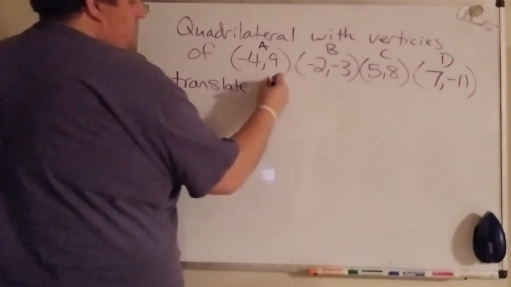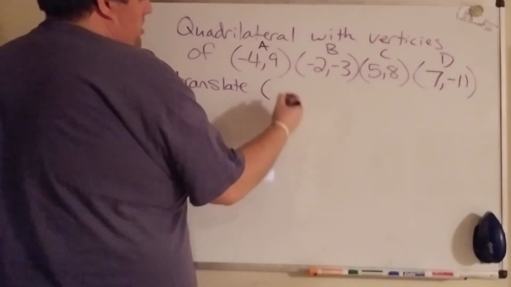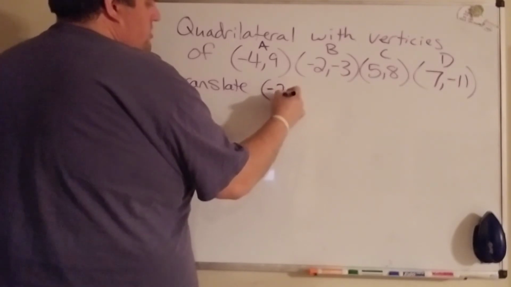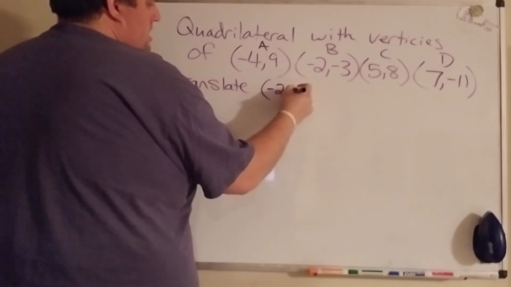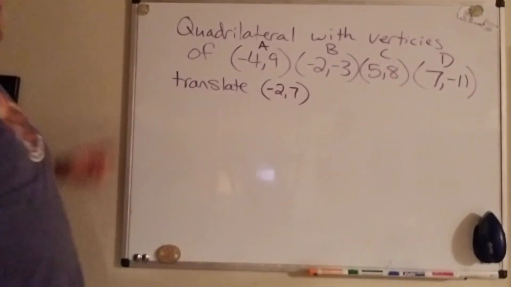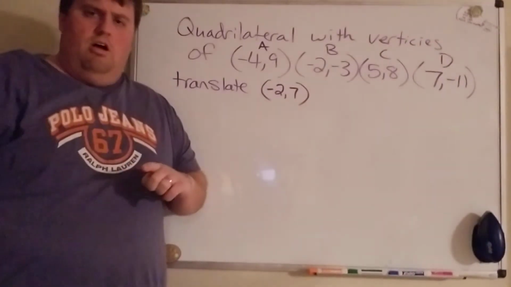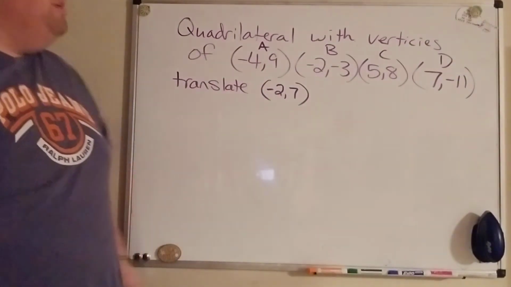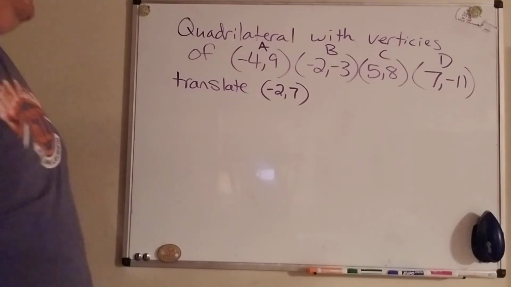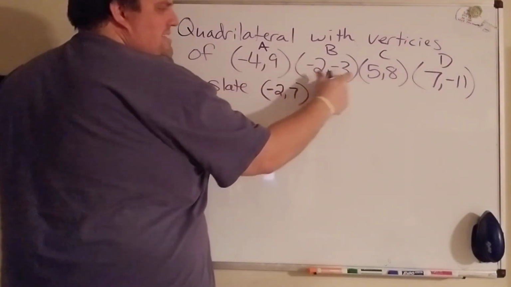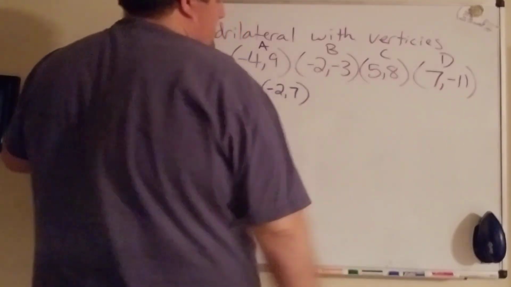So let's say I wanted to translate this shape, and let's say we wanted to go -2, 7. So I want to go left 2 and up 7 on every single point. Well, what's cool is we can just take this -2, 7 and add it to each of these vertices.